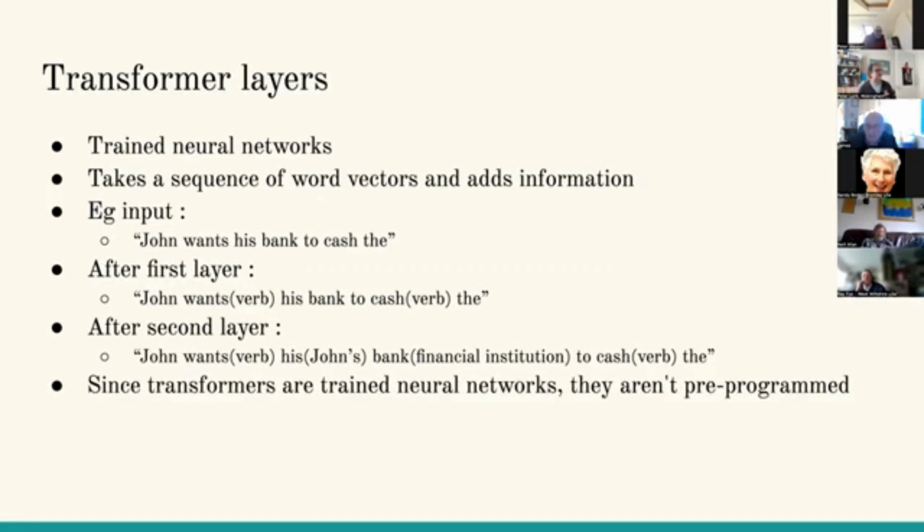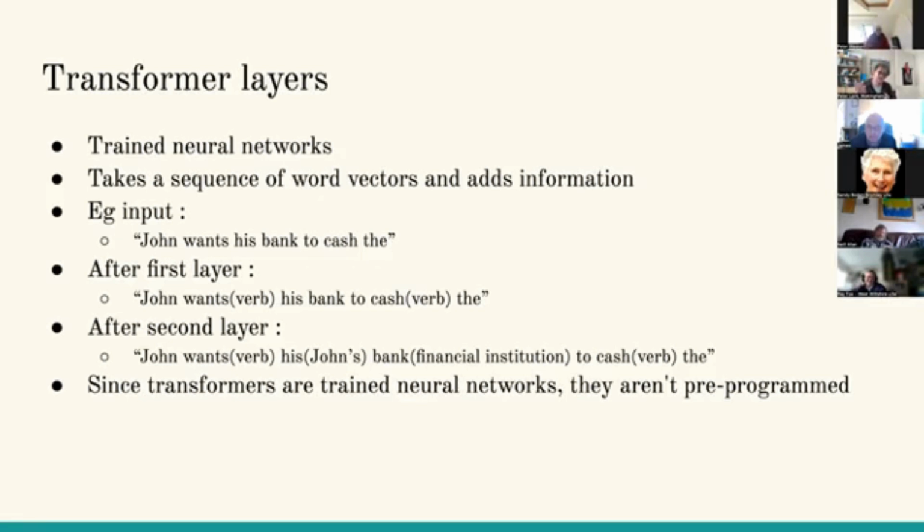Since transformer layers are trained neural networks, they aren't pre-programmed. And in fact, this is interesting. Artificial intelligence, large language models, generative AI has spun off brand new branches of science. One of them is to figure out how these transformer layers work, because they haven't been programmed.